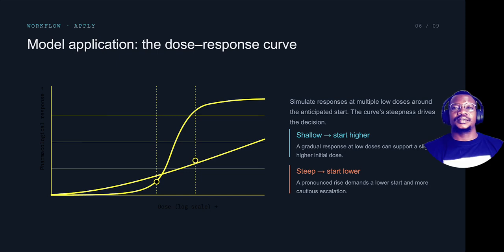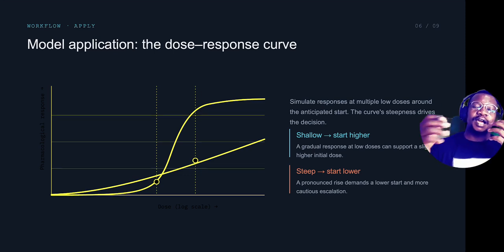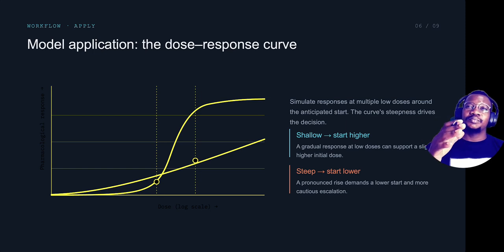Maybe it will take too long for the minimum biological effect to kick in, and you're simply trying to balance between the time of administration and the time that we start seeing the effects.